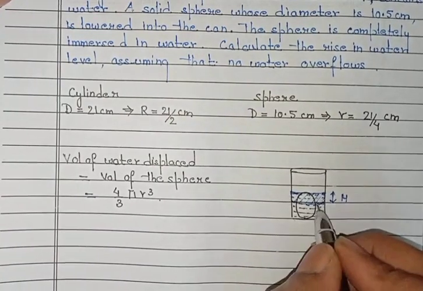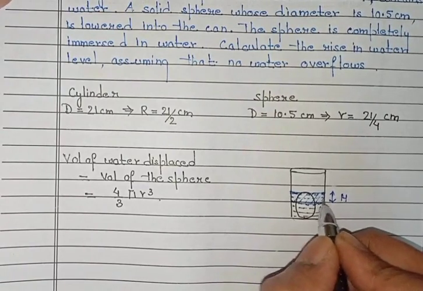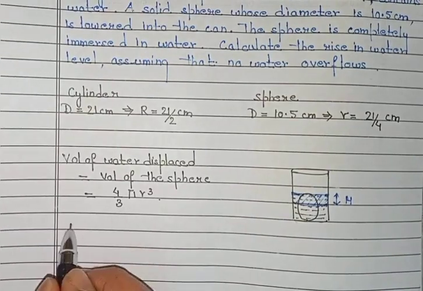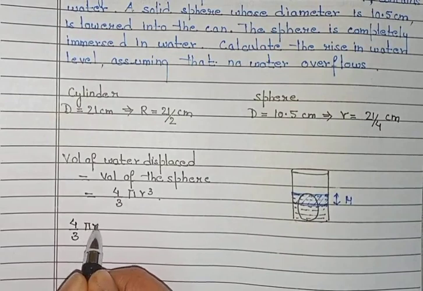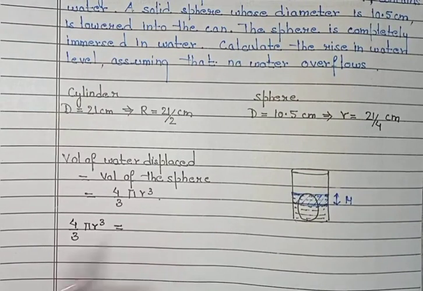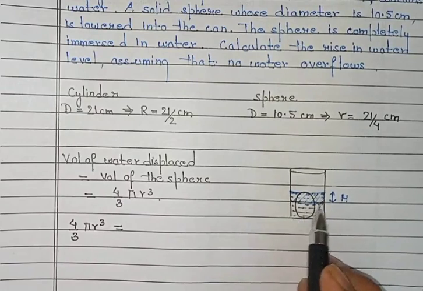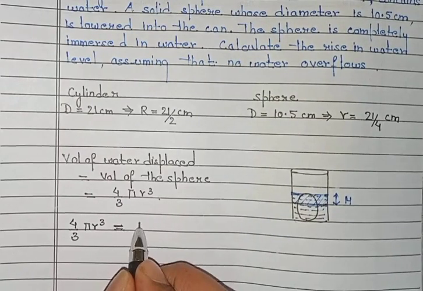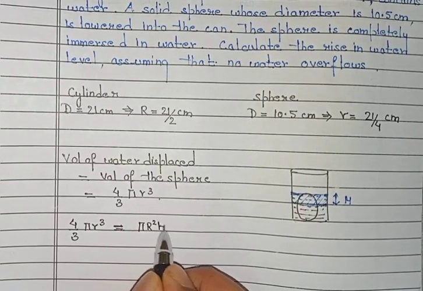So if I ask you in terms of cylinder, how much volume of water has displaced, you can say this volume of water displaced will be equal to, you can see this displaced water is taking the shape of a cylinder, so it will be equal to pi r square h.